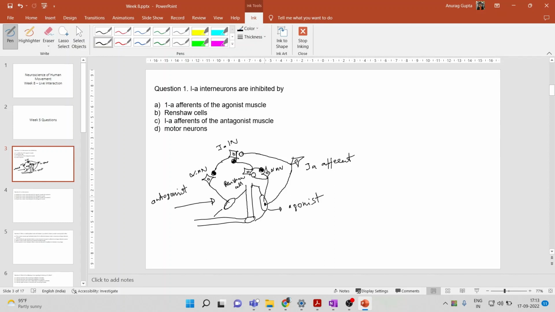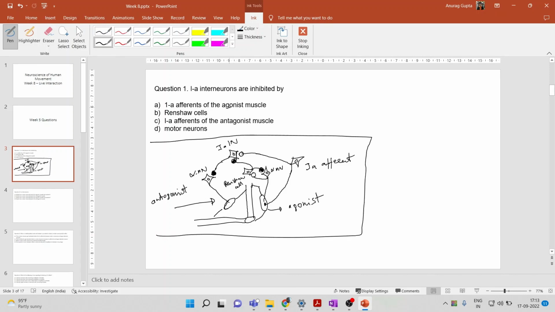Essentially, if this contracts, then the probability that the antagonist muscle can contract to counteract this increases. Again, this is a form of control mechanism, and this is also negative feedback. You can keep this explanation in mind, and we can answer many of the follow-up MCQs as well.